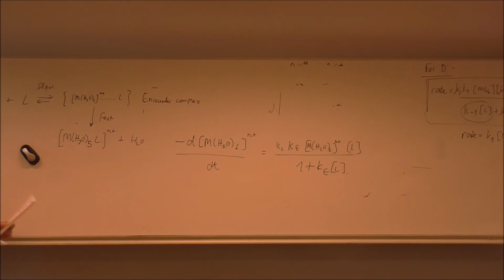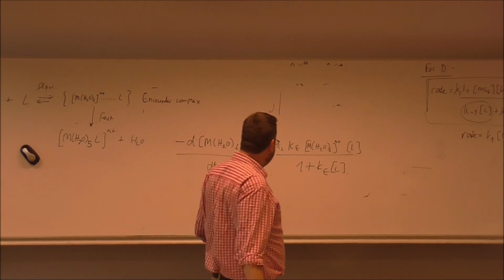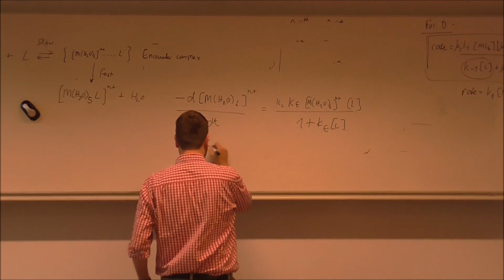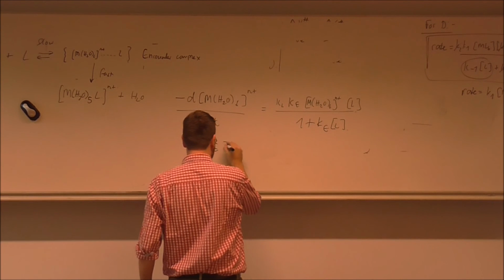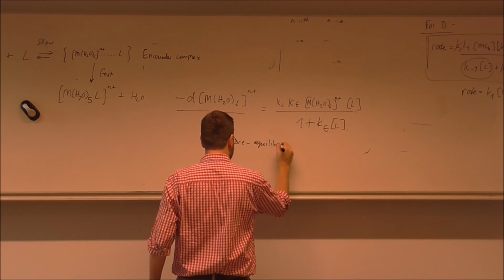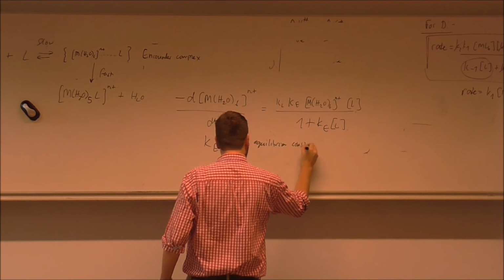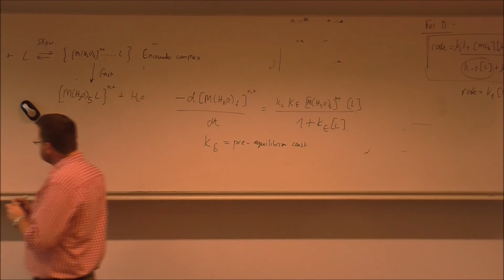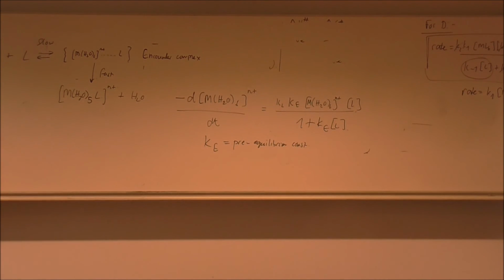What is Ke? Good question. Ke is what we call the pre-equilibrium constant, capital Ke. Because remember, in the Eigen-Wilkins mechanism, which is a mechanism for an interchange reaction, that thing over there is not really an intermediate. That's why we call it an encounter complex.